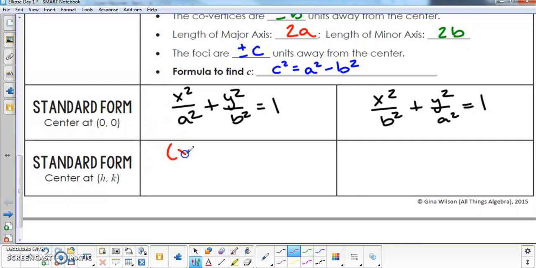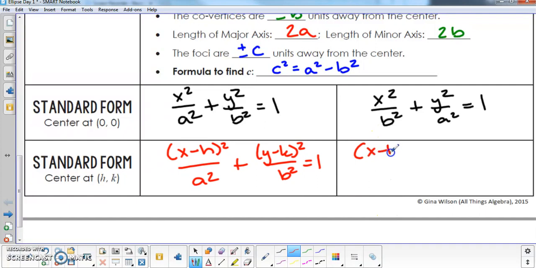Here I've got (x minus h) squared over a squared plus (y minus k) squared over b squared equals 1. And here I have (x minus h) squared over b squared plus (y minus k) squared over a squared equals 1.